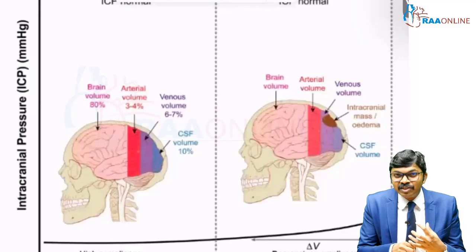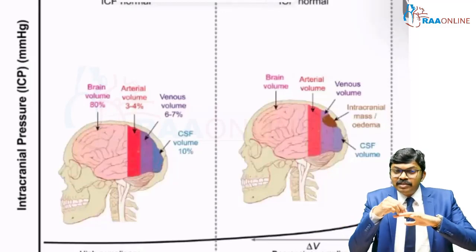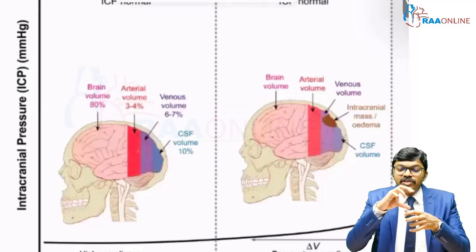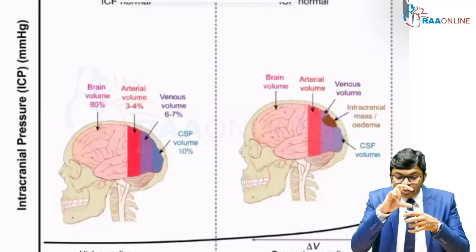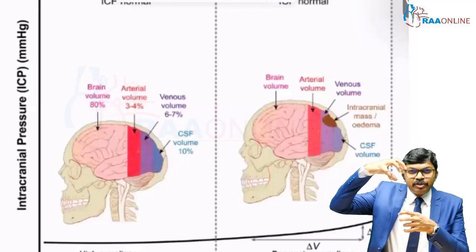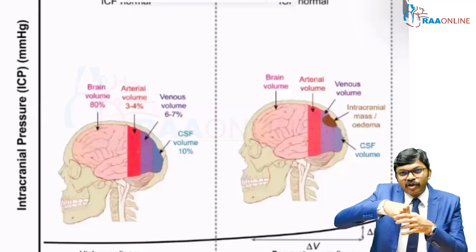We call this herniation. You would have studied this in anatomy, guys. There is a foramen in the base of the skull called the foramen magnum, through which the brainstem gets converted into spinal cord. When the intracranial pressure is so high, it squeezes the brain through the foramen magnum.